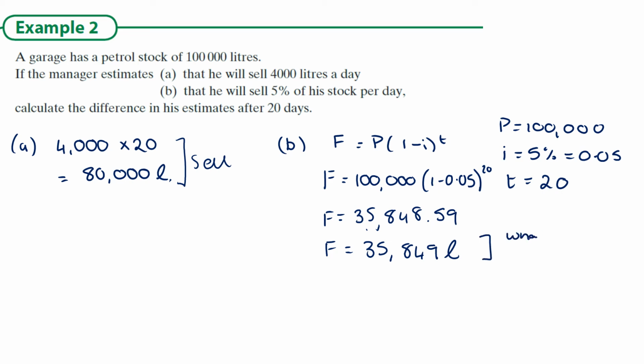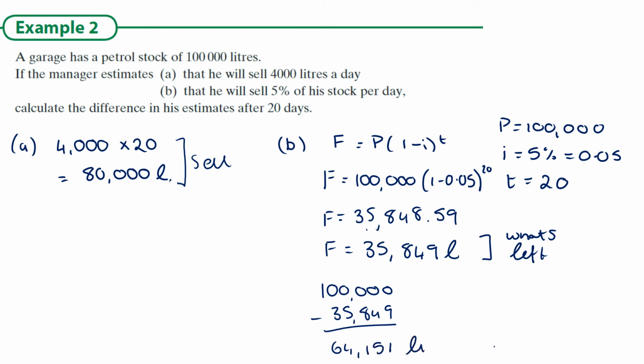That's the future of his petrol stock. So we need to figure out how much he sold. In order to do that, we have our 100,000, take away what we've said we will have left. That gives us 64,151 litres.